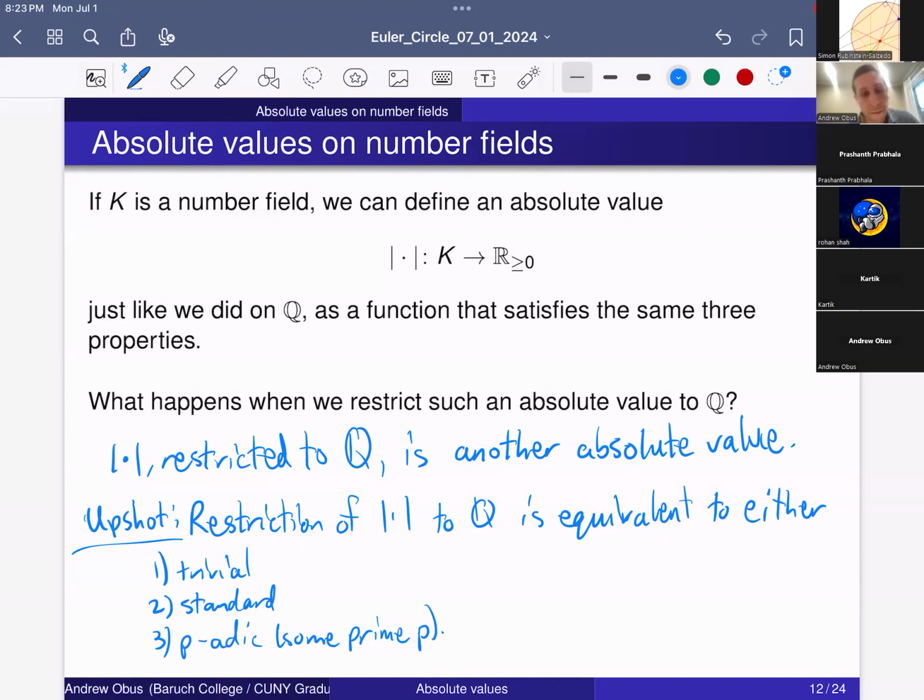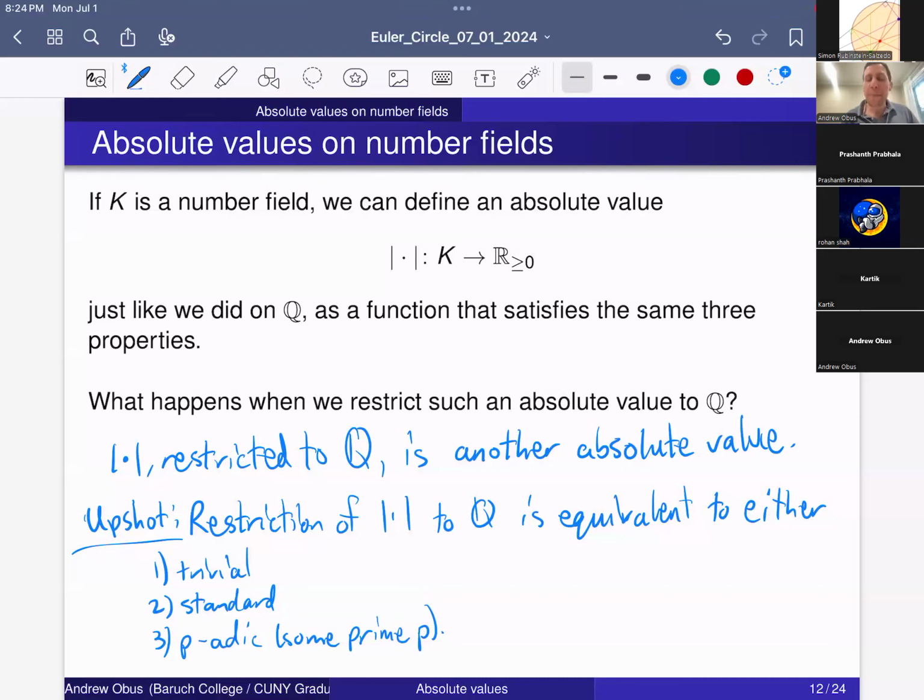Now there may be multiple absolute values on a number field that restrict to the same absolute value on Q. It turns out there are actually finitely many, although I'm not going to prove that.